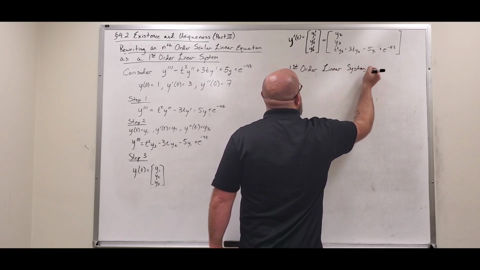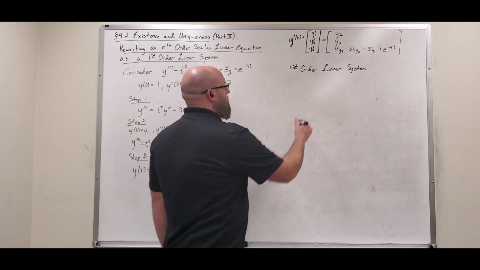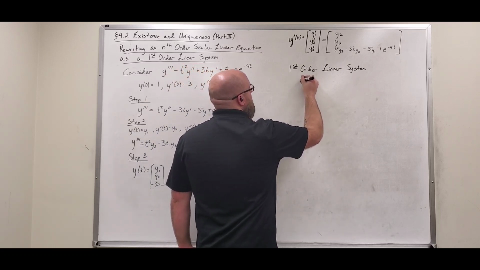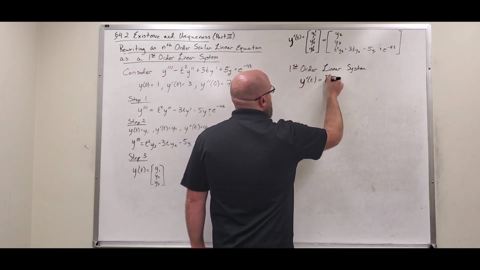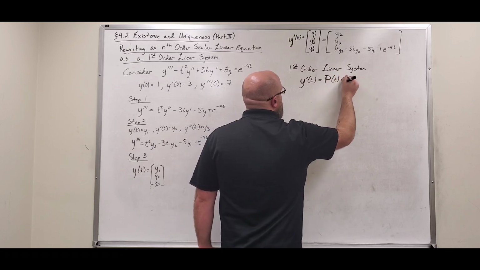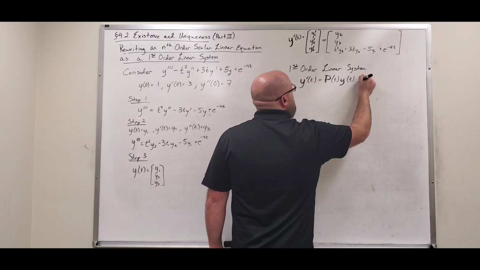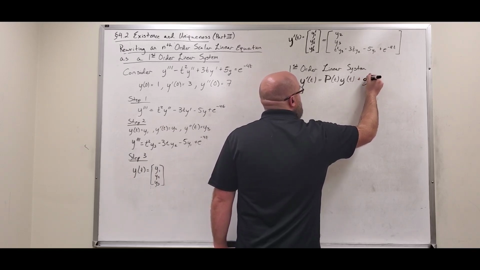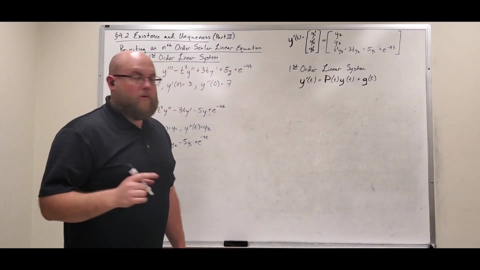So our first order linear system, okay? So we need y prime of t is equal to p of t y of t plus g of t, okay?